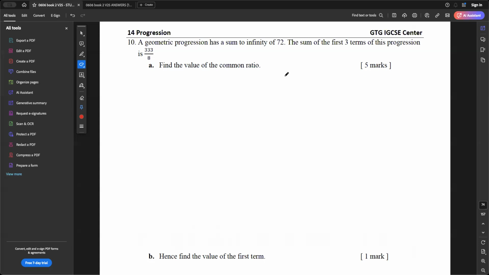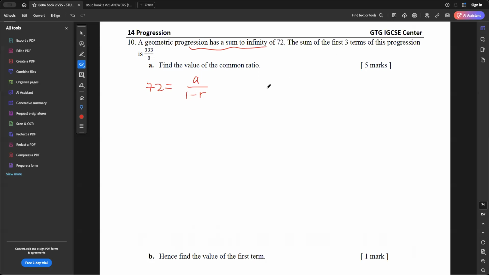Okay, I want you to try this. A geometric progression has a sum to infinity of 72. The sum of the first 3 terms of this progression is 338. Find the value of the common ratio. How should we start this question? 72. Okay, I mean 72 equals to A over 1 minus R. Okay, then that's the first line here.